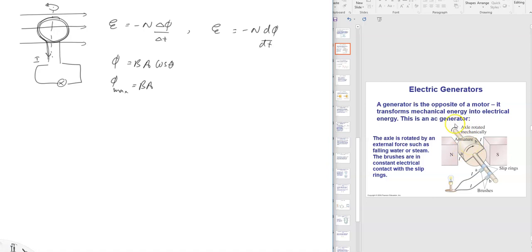The axle is rotated mechanically, and the wires don't have permanent connections. We call them slip rings and brushes. So it's not a rigid permanent connection. They touch each other. That way you can have electricity coming out, but that doesn't twist the wires. That goes into a light bulb, or we can put it into storage devices, or whatever you want to do with it.